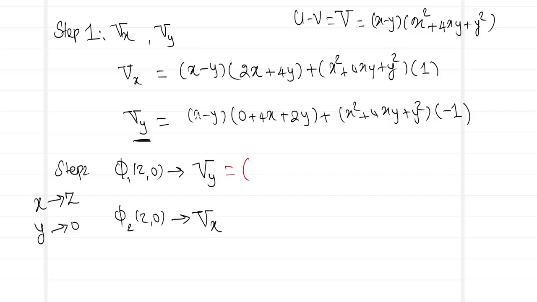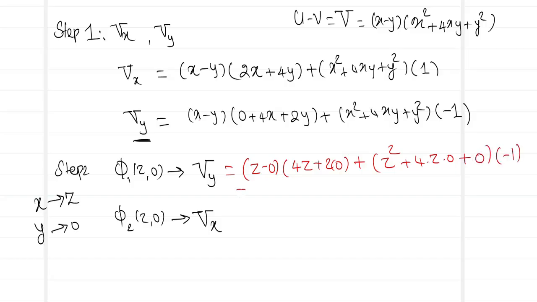Over here, x is replaced as z, y is replaced as 0. This will become 4z plus 2 into 0, plus this is z square plus 4 into z into 0 plus y square becoming 0, into minus 1.